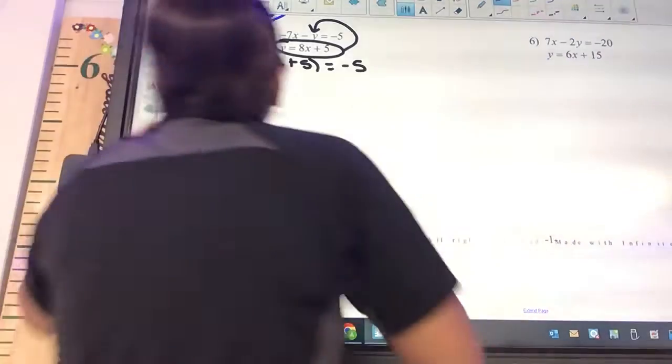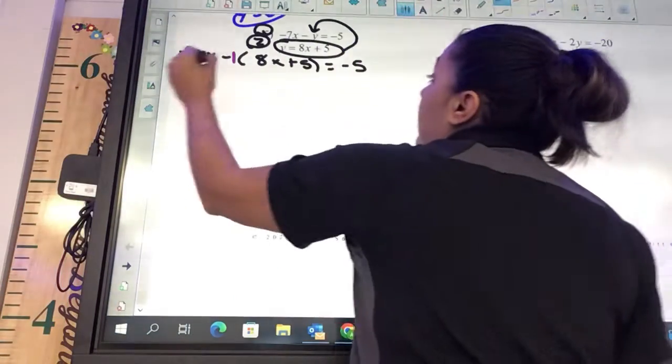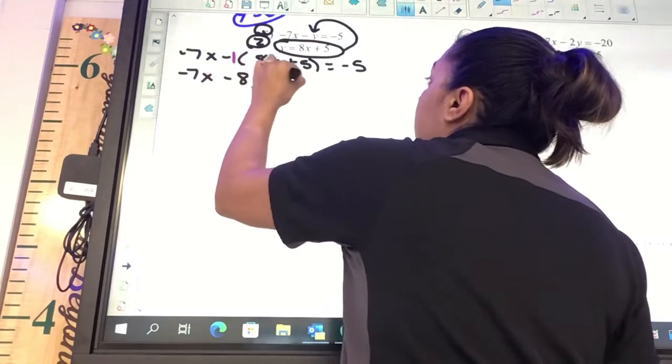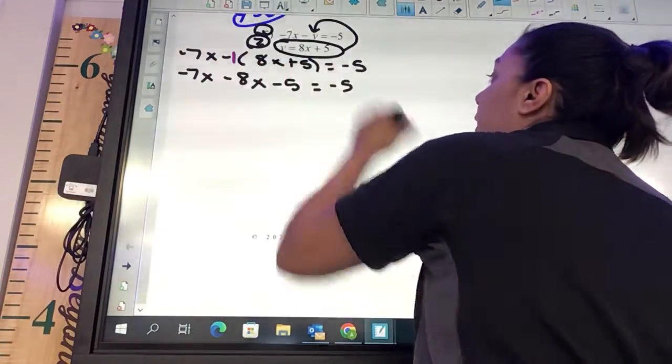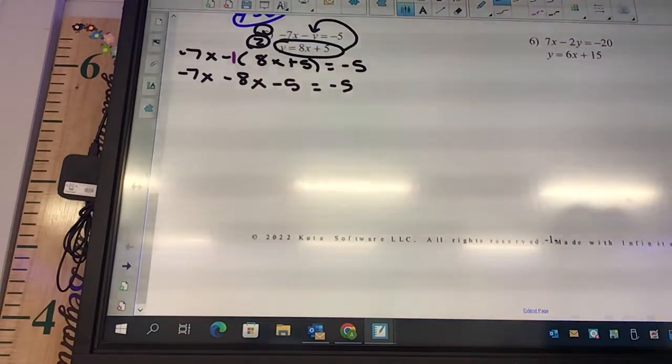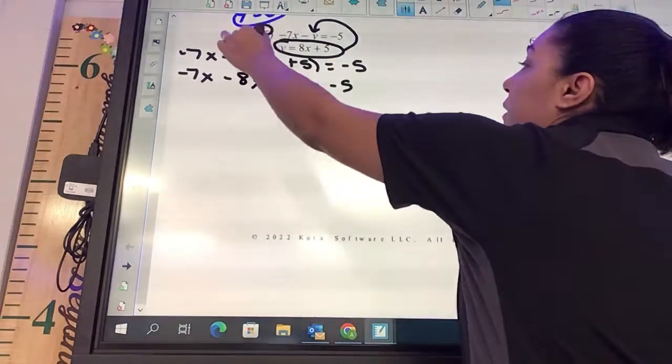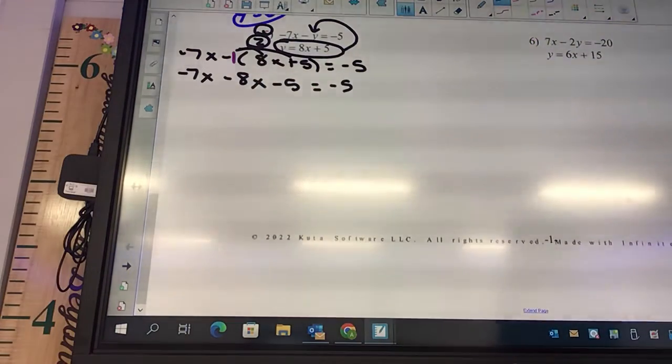Okay? So I'm going to get negative 7x minus 8x minus 5 equals negative 5. We're distributing this negative 1 to each piece. And all that really does is change the signs. So it makes the 8 negative and the 5 negative.